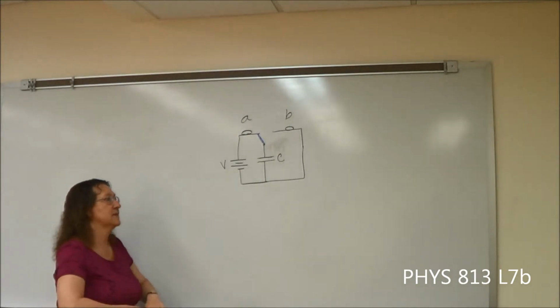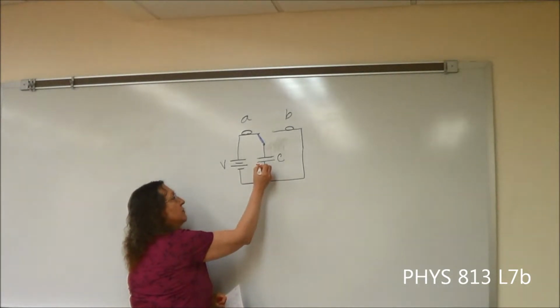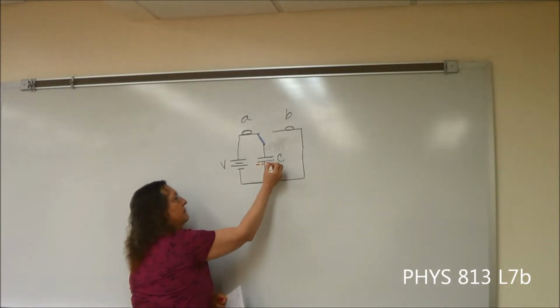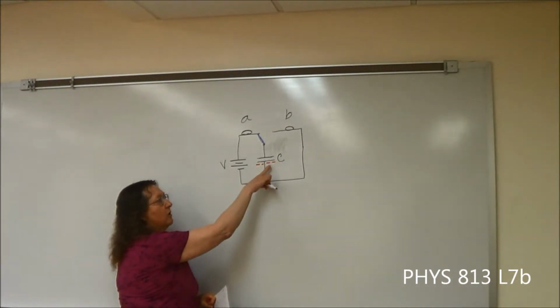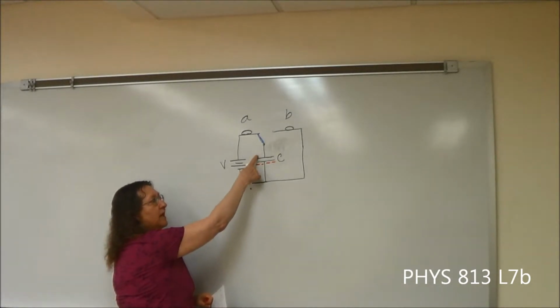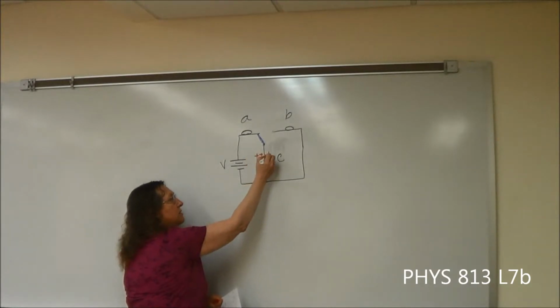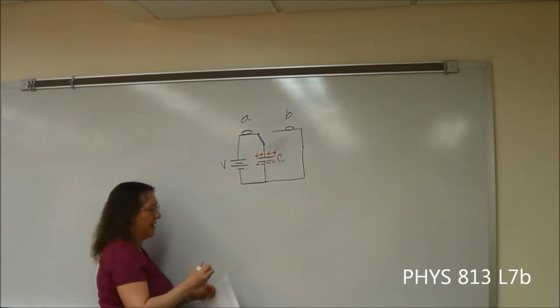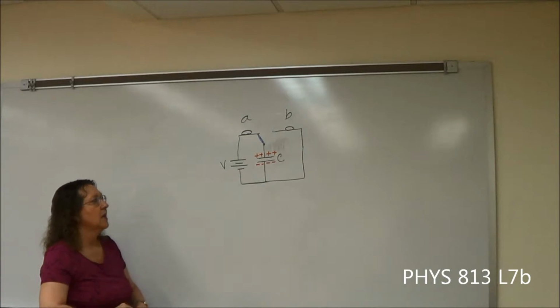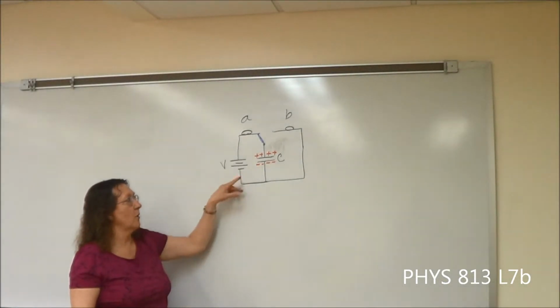So electrons build up here, and I'm just going to draw 4 of them. For 4 electrons to be here, there had to be 4 electrons that left the other plate, and so that's going to leave the other plate positive.